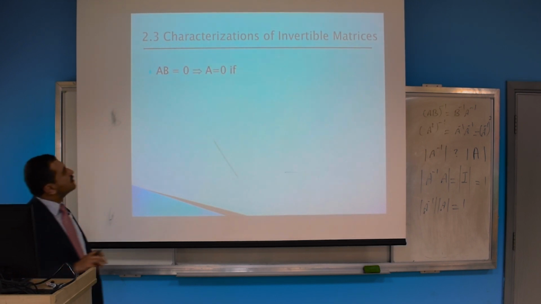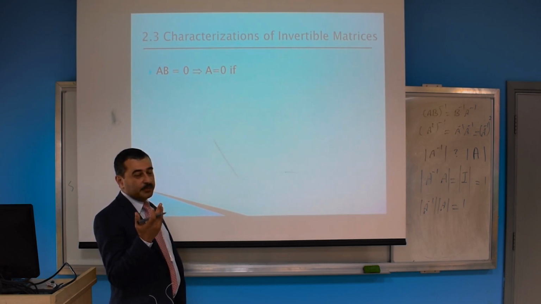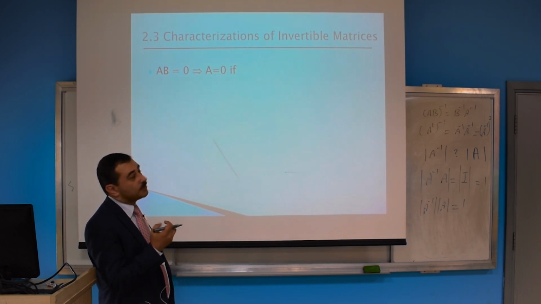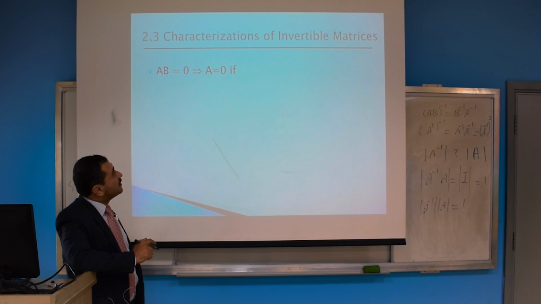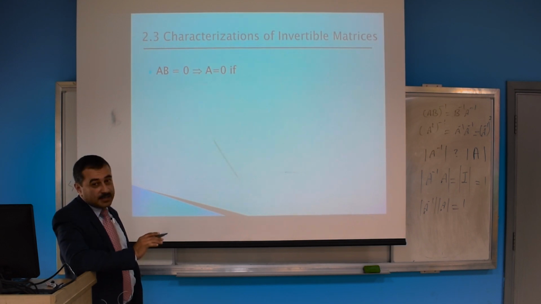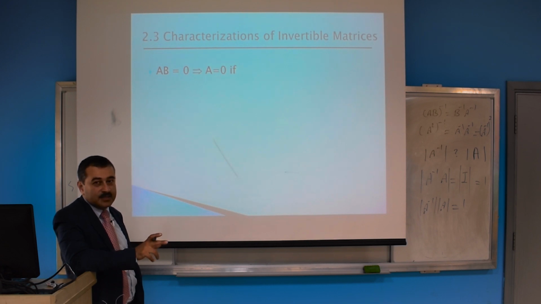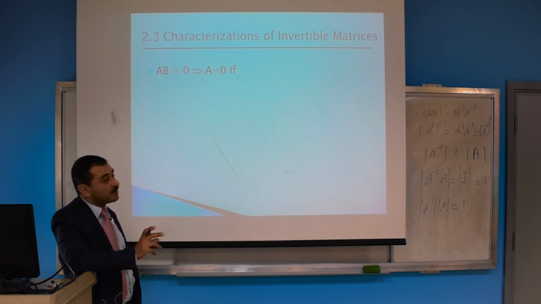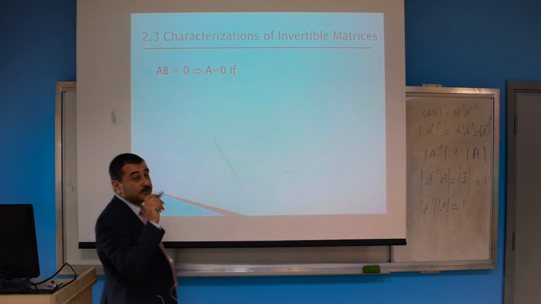Do you remember when we said AB equal to 0 does not necessarily imply that A equals 0? We had this example in the first lecture on matrices. But AB equal to 0 implies A equal to 0 if some condition is satisfied. Can you guess what the condition is? If B has an inverse.